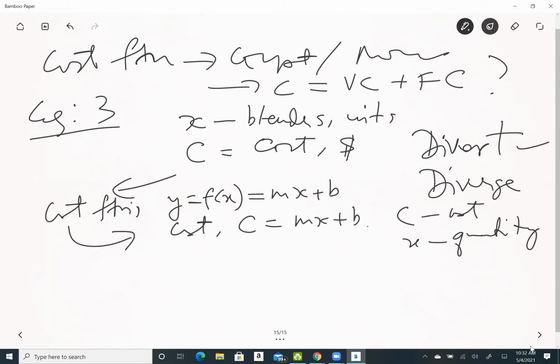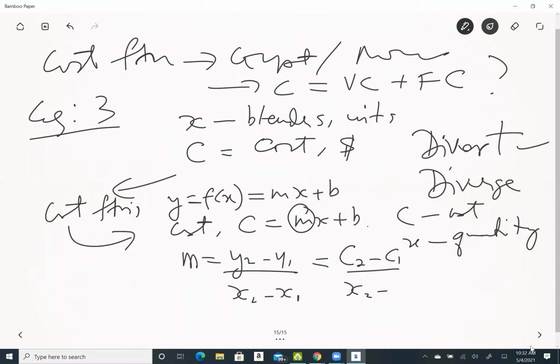So when you find the m, you don't use y2 minus y1 over x2 minus x1. If you use y2 minus y1, you should write another one: c2 minus c1 over x2 minus x1.